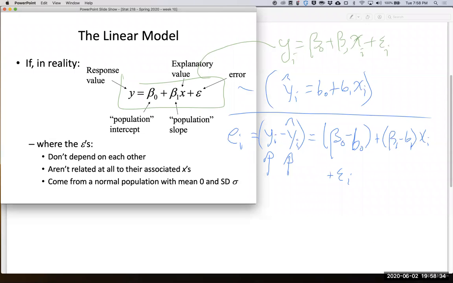And here's a nice thing. If we have any good degree of precision at all, that's going to be approximately 0. The sample slope will be quite close to the population slope. Similarly, the intercept in the sample should be approximately equal to the intercept in the population. And so what we have is that whole thing zeroes out, and the residuals should be approximately equal to epsilon i.